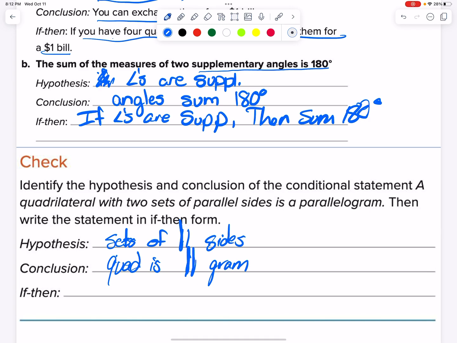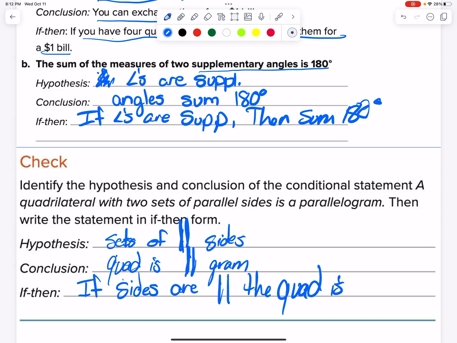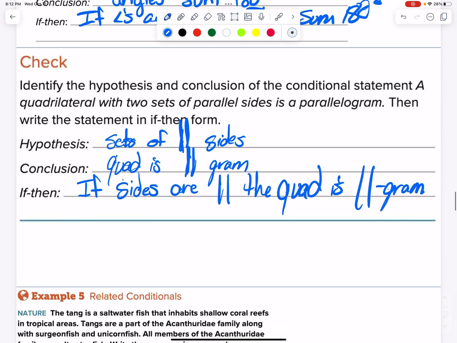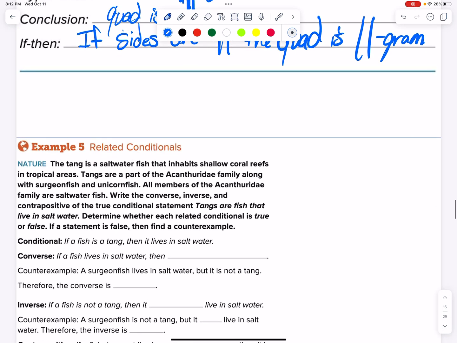I'm not trying to make it confusing, I'm just going quick. So again, if sides are parallel, then quad is parallelogram. Going quick. Okay. So again, ask questions, but that's how it goes.